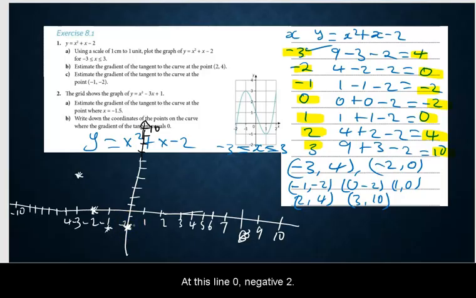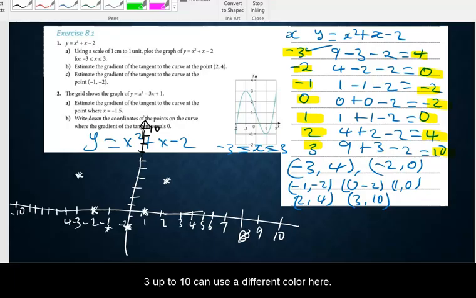0, negative 2. Then we have 1, 0. We have 1, 0 on the axis. We have 2, 4. So 2, 4 is here. 1, 2, 3, 4. 2, 4. Then we have 3, 10. 3 up to 10. Can use a different color here.